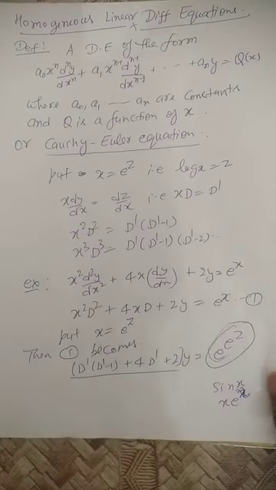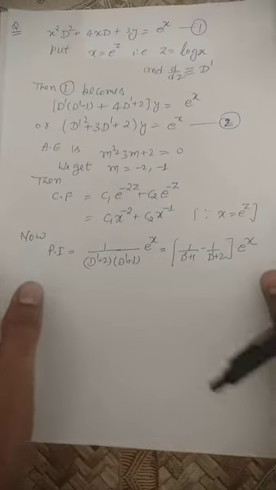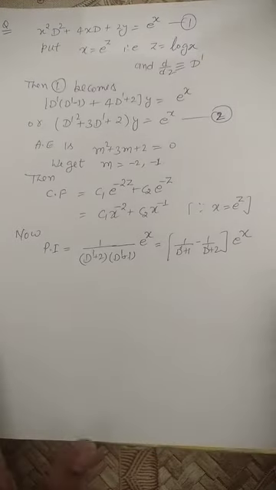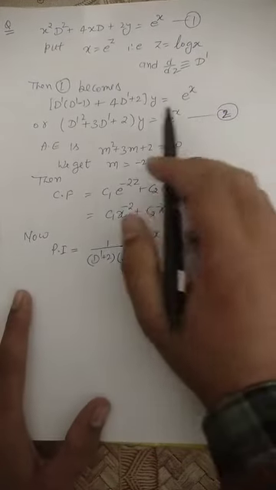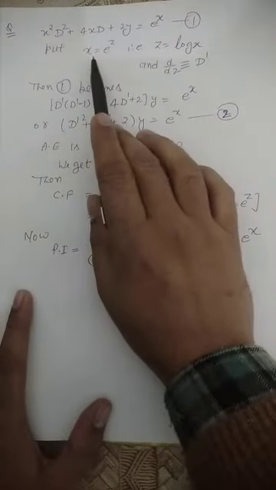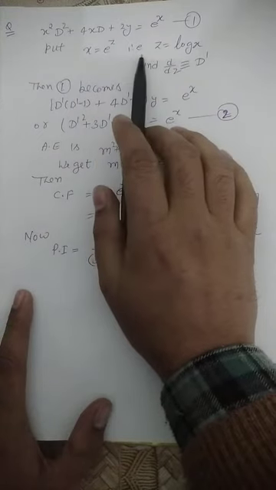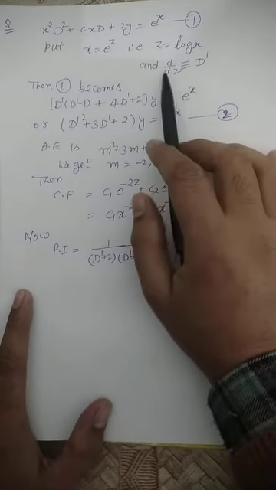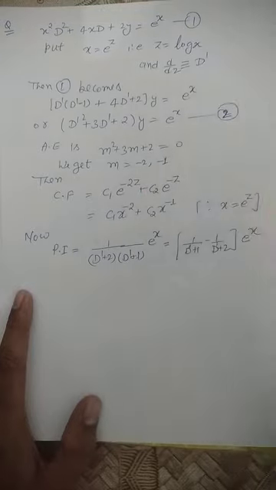Now look at this problem. We put x equal to e to the power z, that is z equal to log x, and we change dy. This is x.